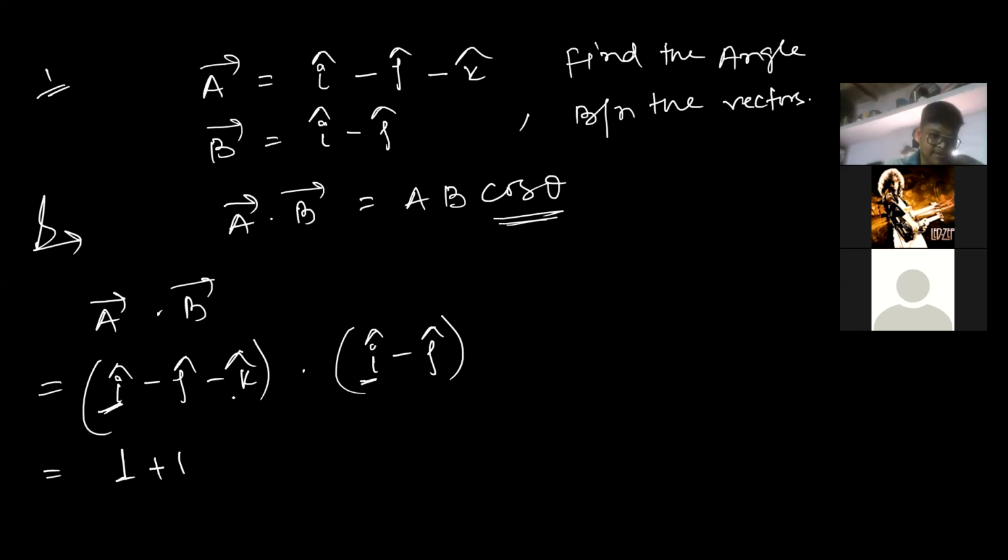If that situation arises that in one vector k cap has some value but in another vector k cap is not present, then we don't have to multiply anything. We will not consider that, because the scalar product can only be found whenever the two similar unit vectors are present there. So in this case it should be considered as 0, and we are getting the dot product as 2. Whether this thing is clear or not.